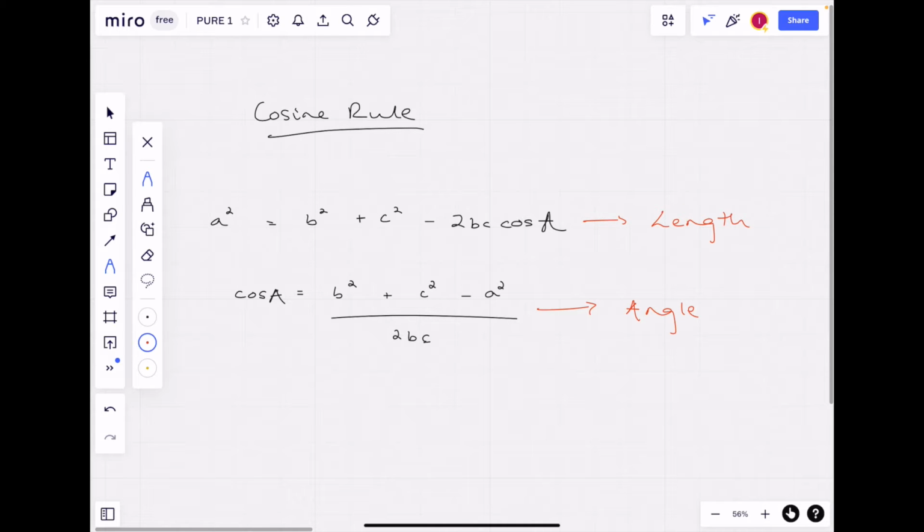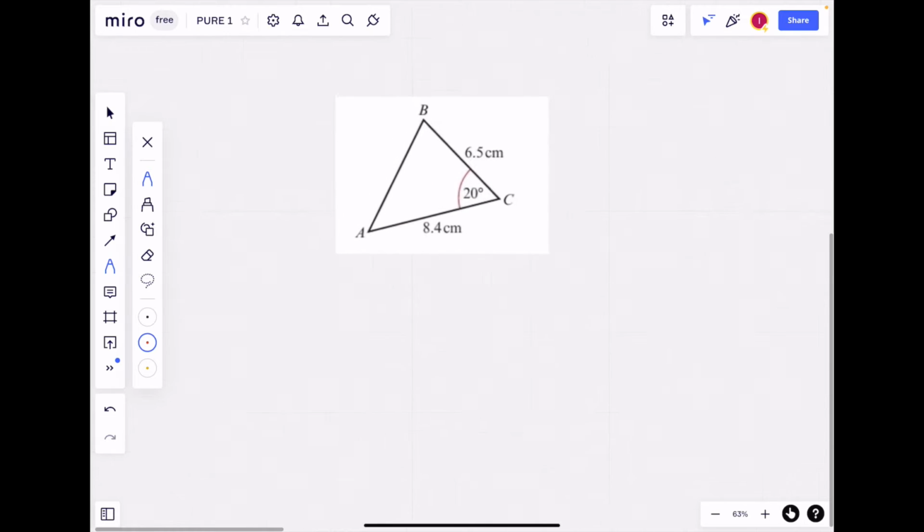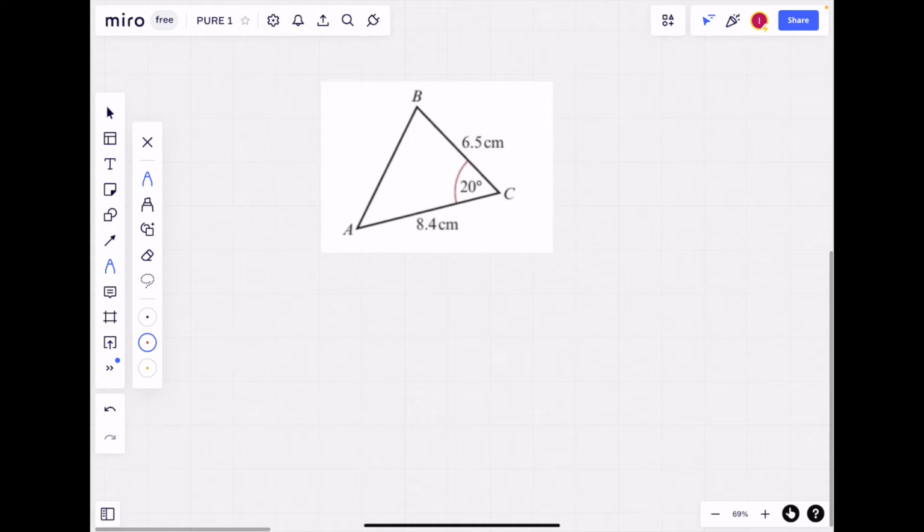You work out cos A, and then you do the inverse cos to find capital A. So you can go from this to this by rearranging, or you can just remember each one separately. Completely up to you.